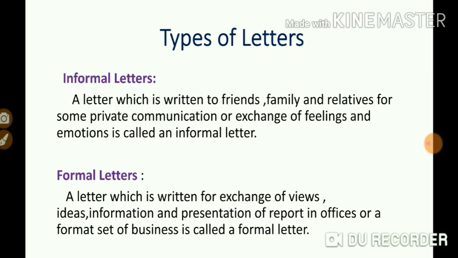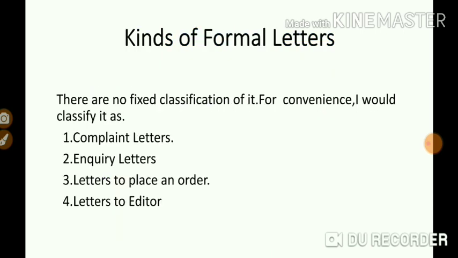It means we use formal letters for official correspondence or official communication. I hope it's now clear to you. So now let us discuss what are the different types of formal letters that are in practice.